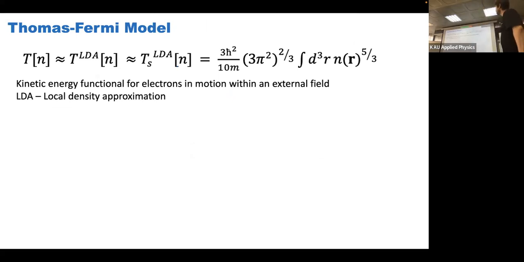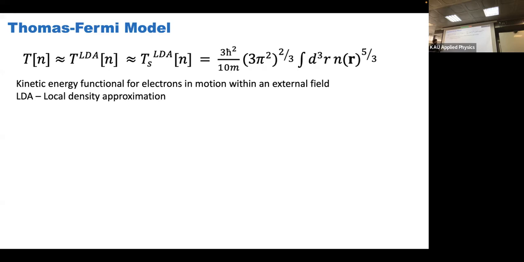And it's a very useful and very important formula, which is called local density approximation. And from this local density approximation has grown density functional theory. You see, we have some kinetic energy, and we assume that it depends on n, on electron density.